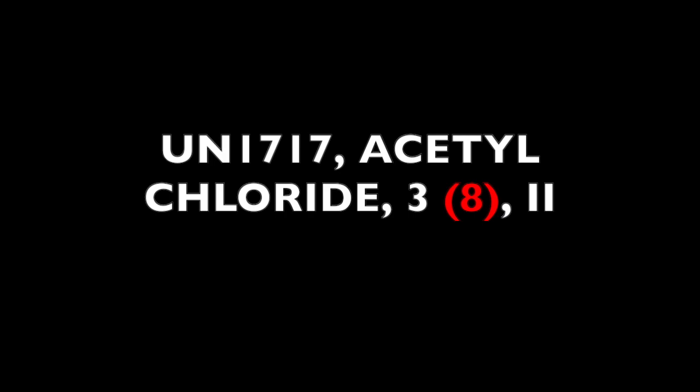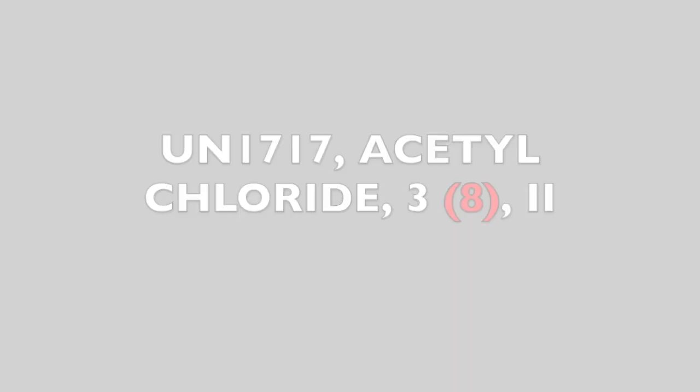So for instance, on this one, even though our Hazmat class is class 3, because class 8 is also a subsidiary hazard, we have to use both when determining if we can load it together and make sure we're following all the restrictions that exist for either class 3 or class 8 if it can be loaded together.